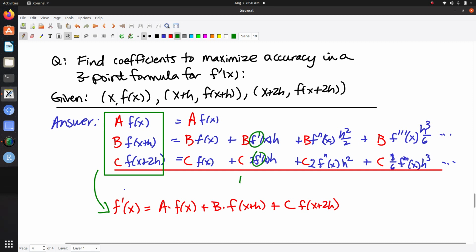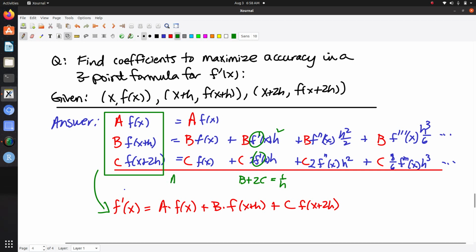So we want b plus c to be chosen. In fact, b plus 2c. So the condition on b plus 2c should be 1 over h, because we want to also make the h's disappear in this case. So if we can get b plus 2c to be 1 over h, that would be great for us, right?